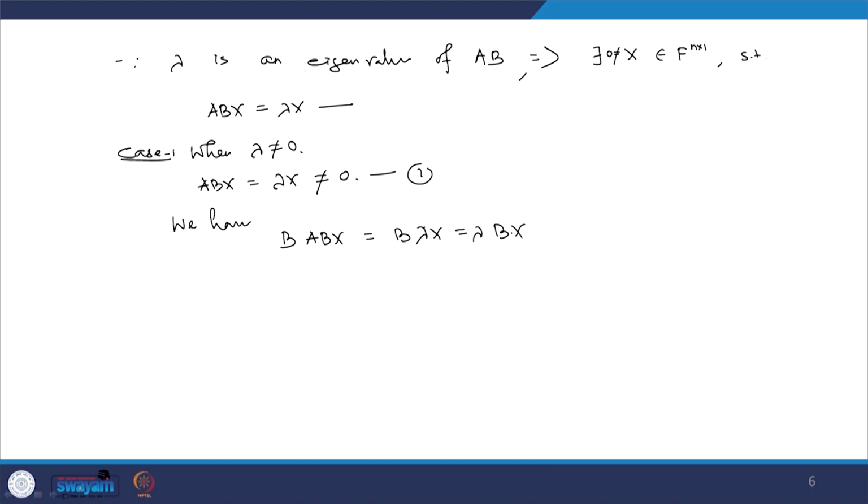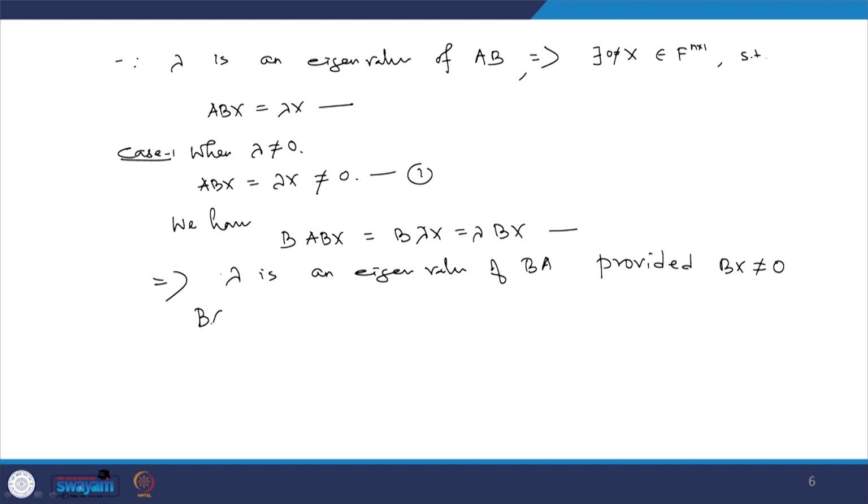So this implies lambda is an eigenvalue of BA provided BX is not equal to 0.